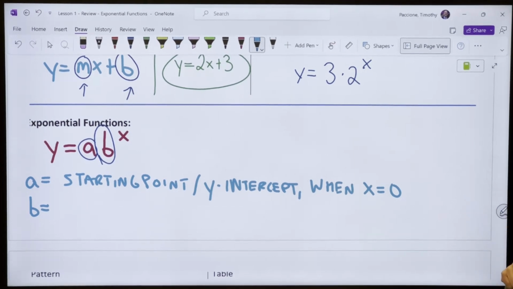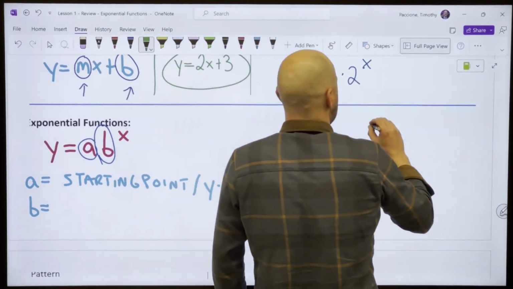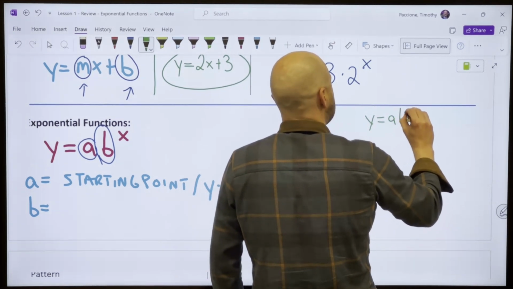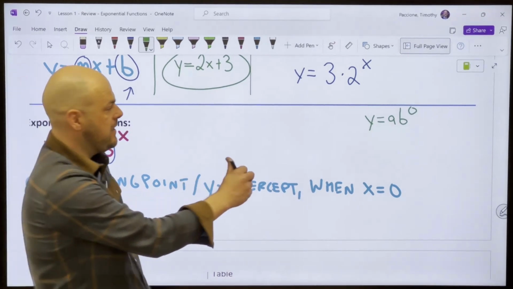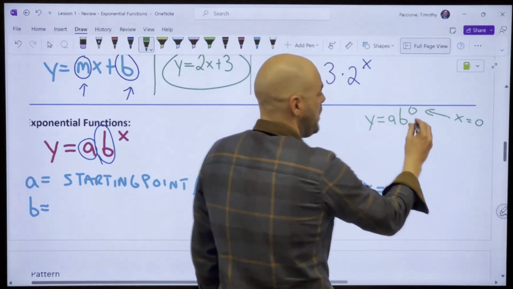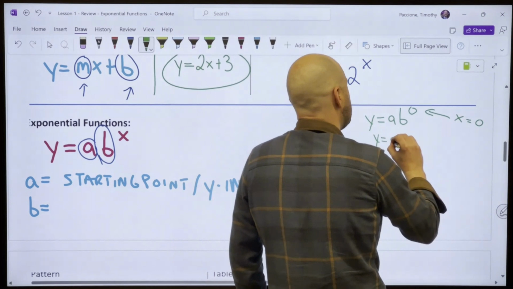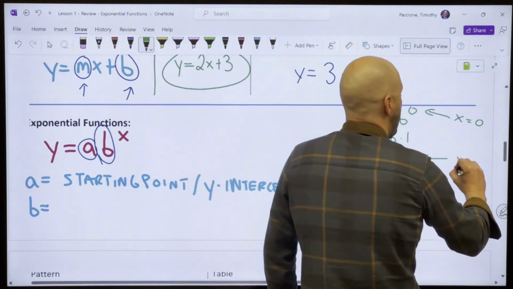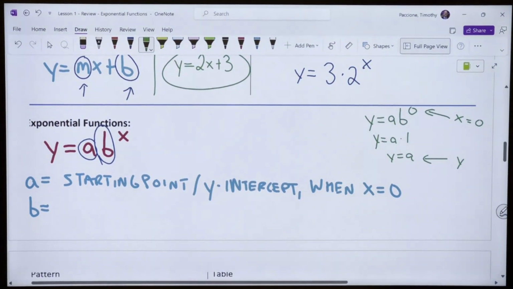Why does that happen? Well, think about it: anything to the power of 0 equals 1. So if x is 0, then b to the 0 is 1. So it's y equals a times 1, or y equals a. That's exactly why it has to be our y-intercept.